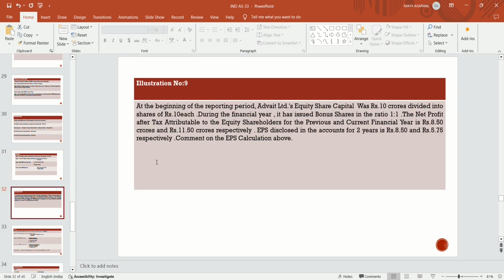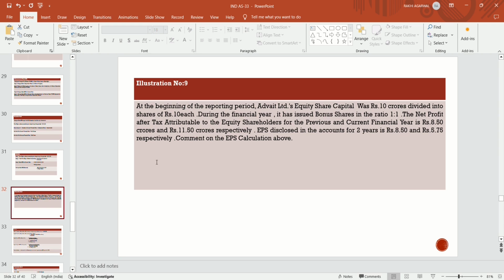Now illustration number 9. At the beginning of the reporting period, Advait Limited had an equity share capital of 10 crore divided into shares of rupees 10 each. During the financial year, it has issued bonus shares in the ratio 1:1.